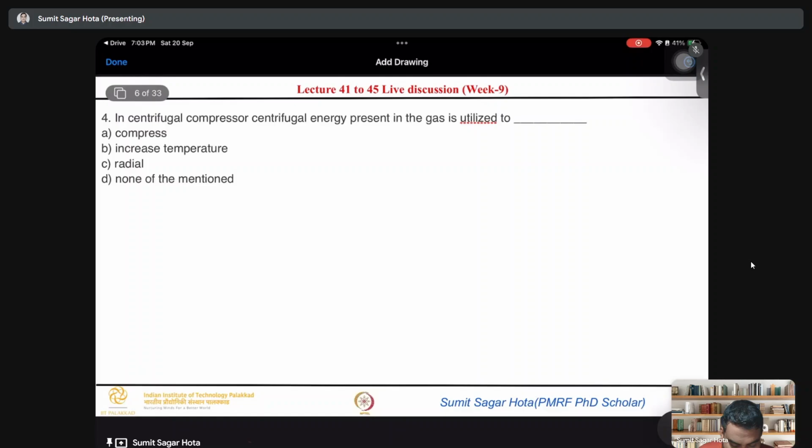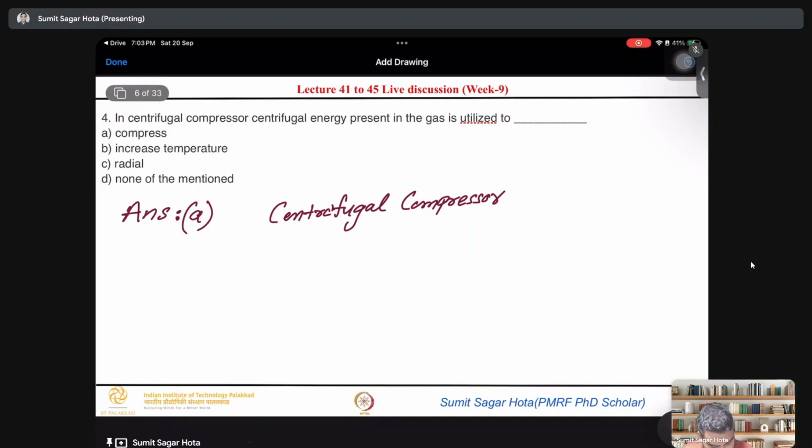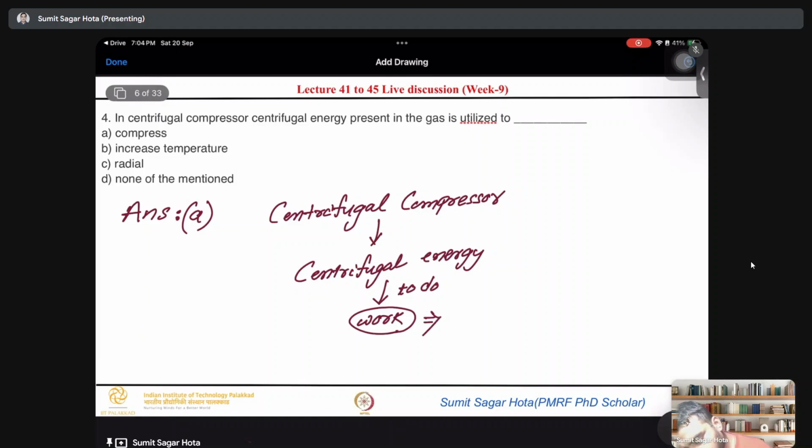It is utilized to do work, and that work is to compress.